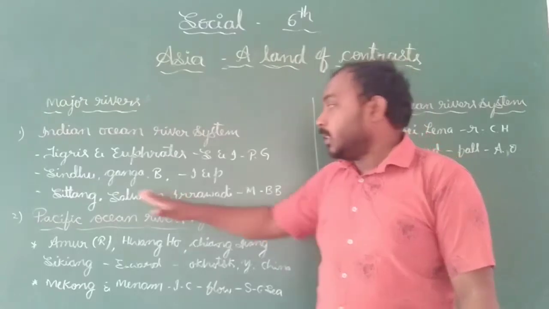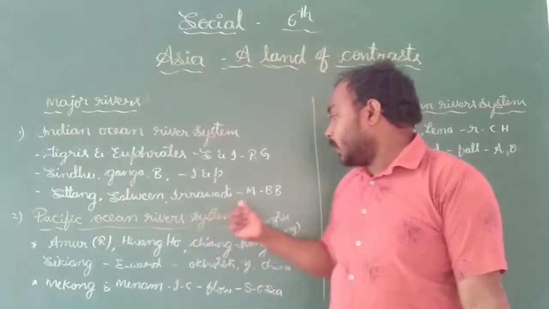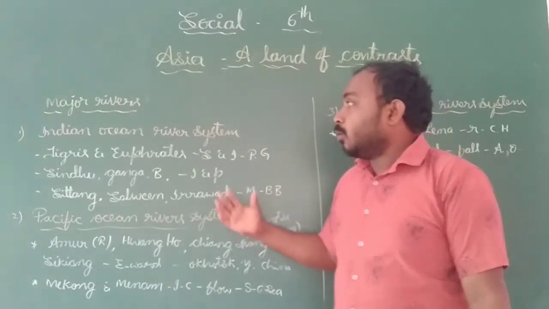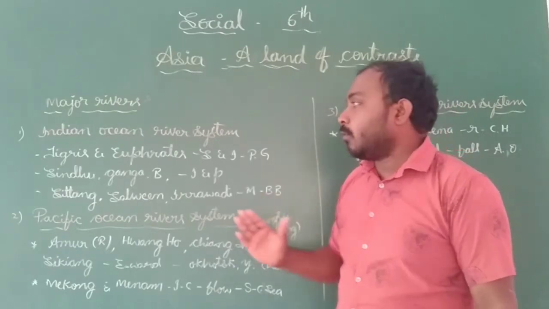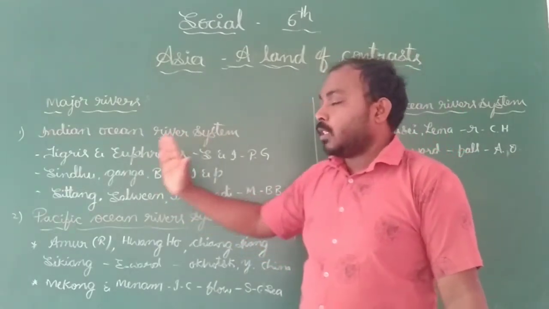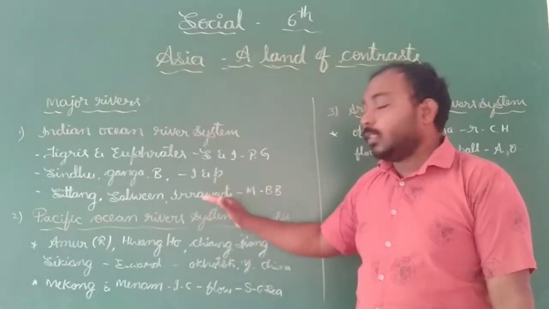So this is all about the Indian Ocean river system. The important rivers are the Tigris and Euphrates, Sindhu, Ganga, Brahmaputra, Sittang, Salween and Irrawaddy.